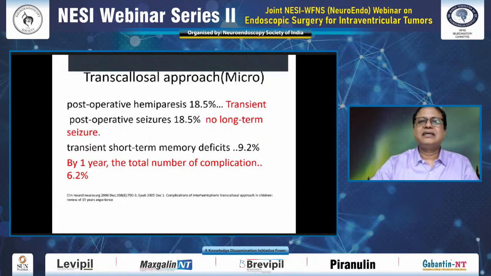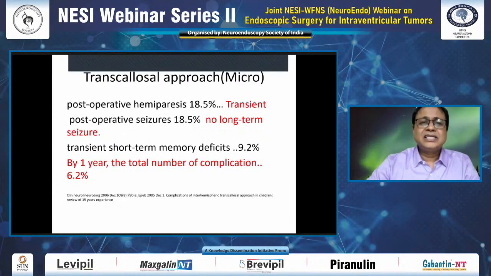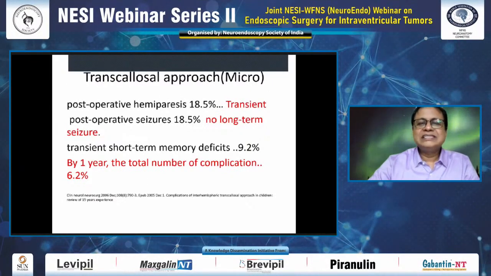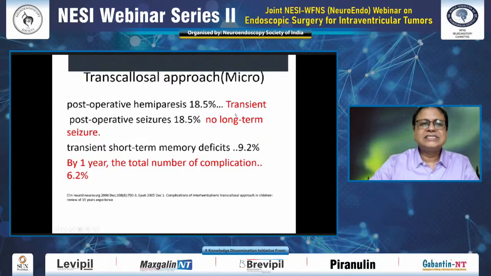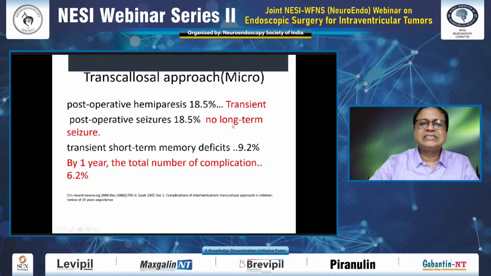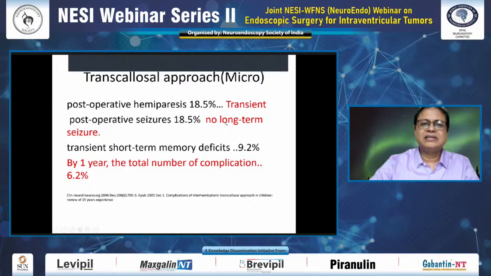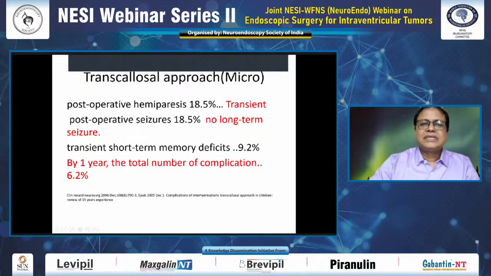Yeah, go ahead. But in transcallosal, unlike what we believe, the incidence of seizure is similar to transcortical, about 18%. The only difference is there is no long-term seizure, compared with 6% in transcortical.